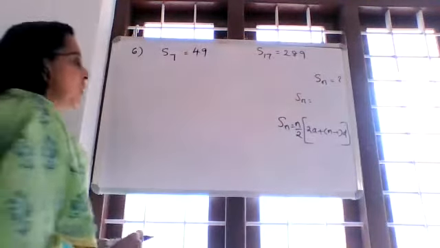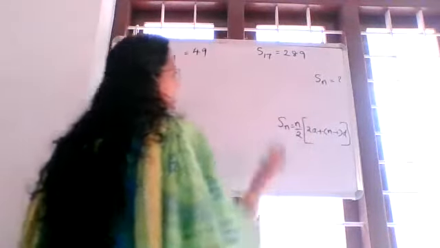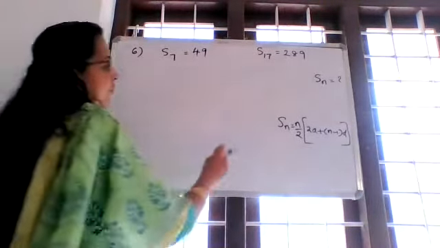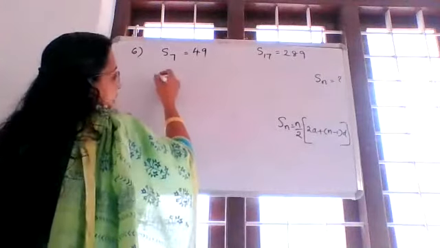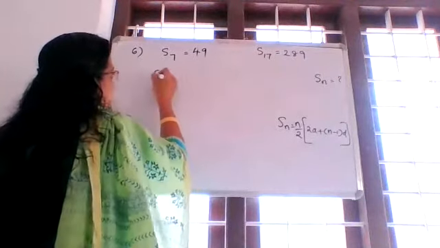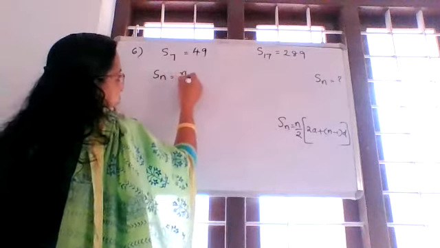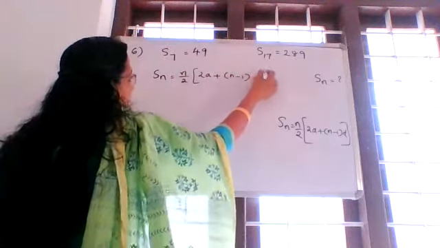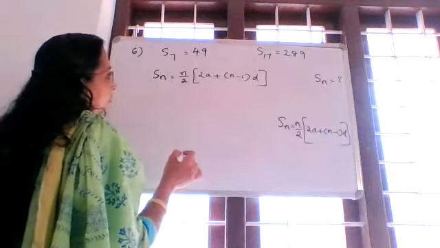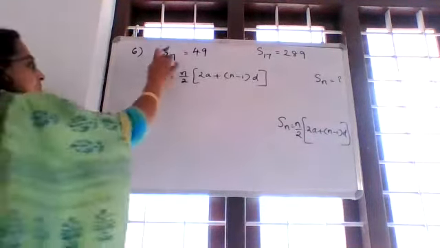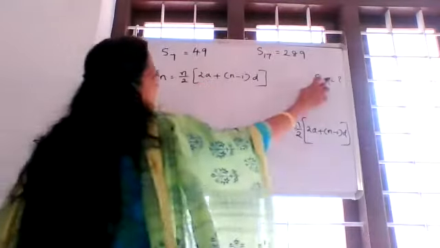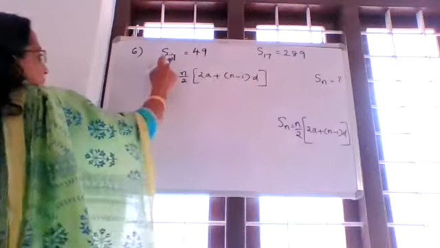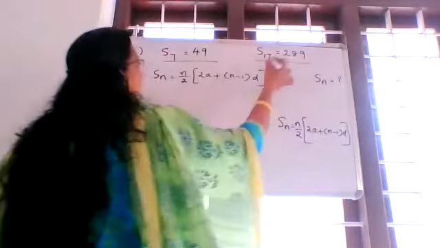The formula for Sn is n by 2 into 2a plus n minus 1 into d. To find Sn, we need to find a and d, so for that we solve S7 and S17.